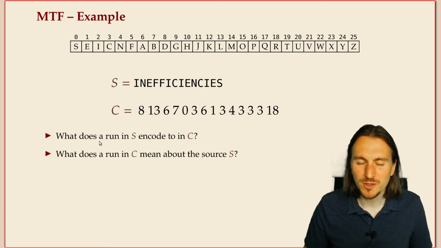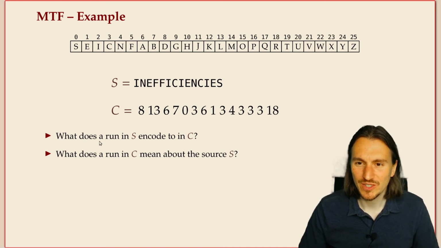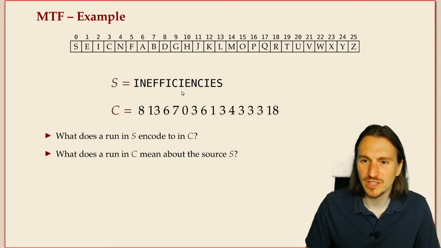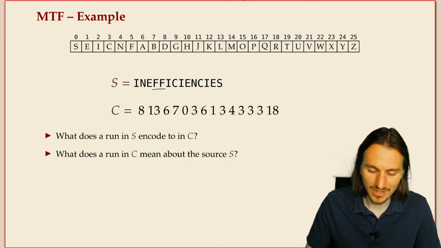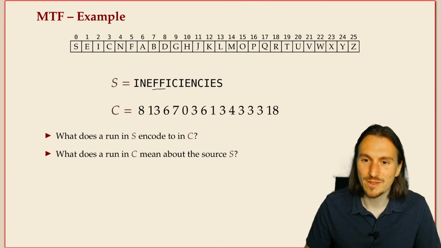Now, an interesting observation is what happens in this transformation with certain features in the input text. For example, when the input source text has a run of same characters, like here, what does that correspond to in the coded text? And what does the run in the coded text mean for the source text? Those are two interesting questions to think about.